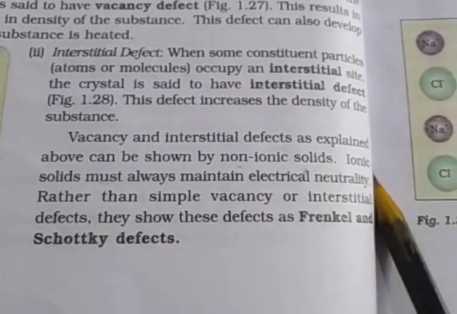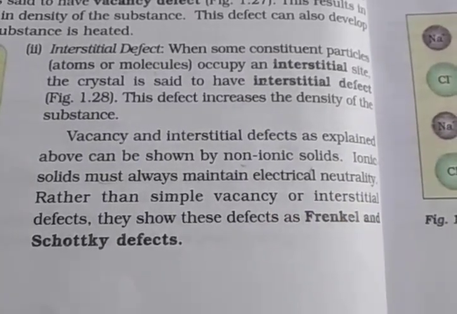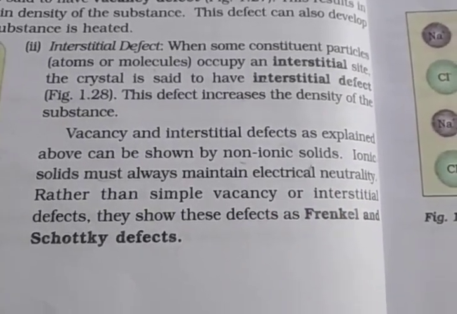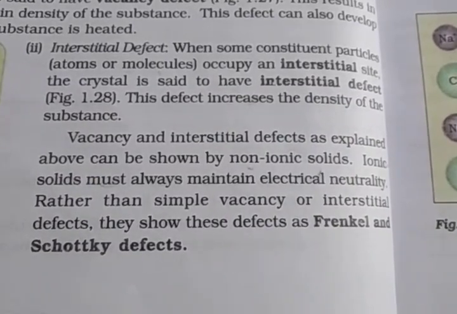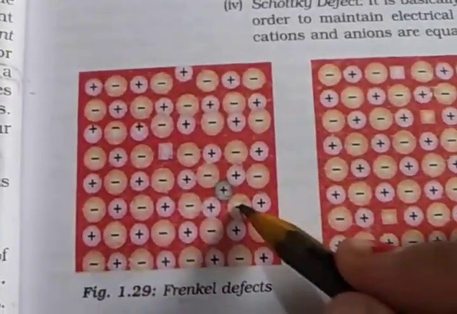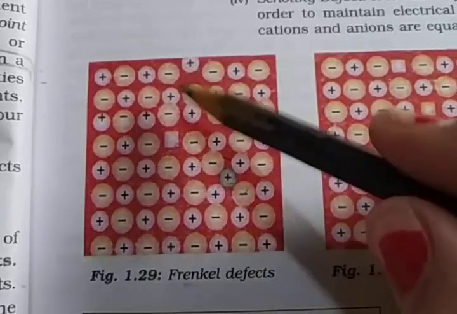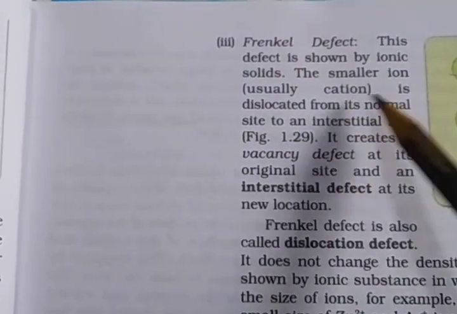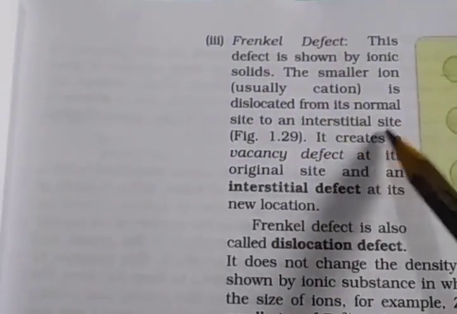Ionic solids must always maintain electrical neutrality, so rather than simple vacancy or interstitial defects, they show these defects as Frenkel and Schottky. Frenkel defect is shown by ionic solids in which the smaller ion, usually the cation, is dislocated from its normal site to an interstitial site.